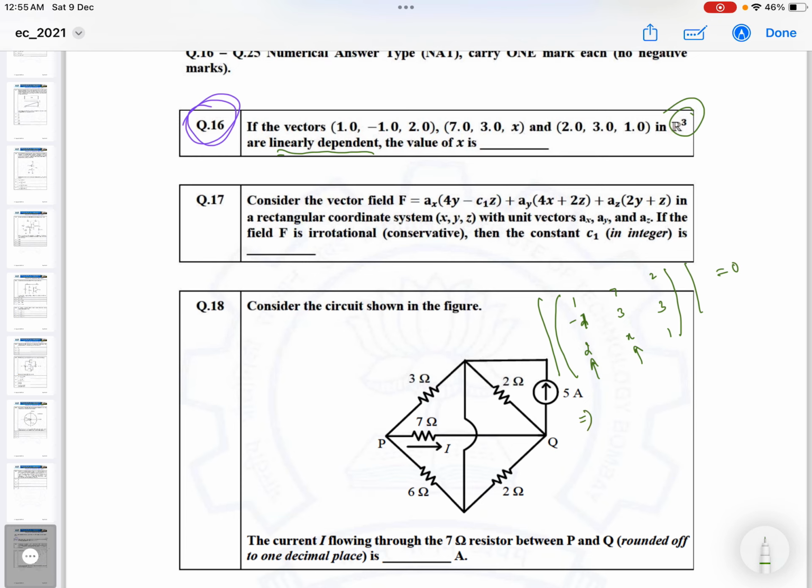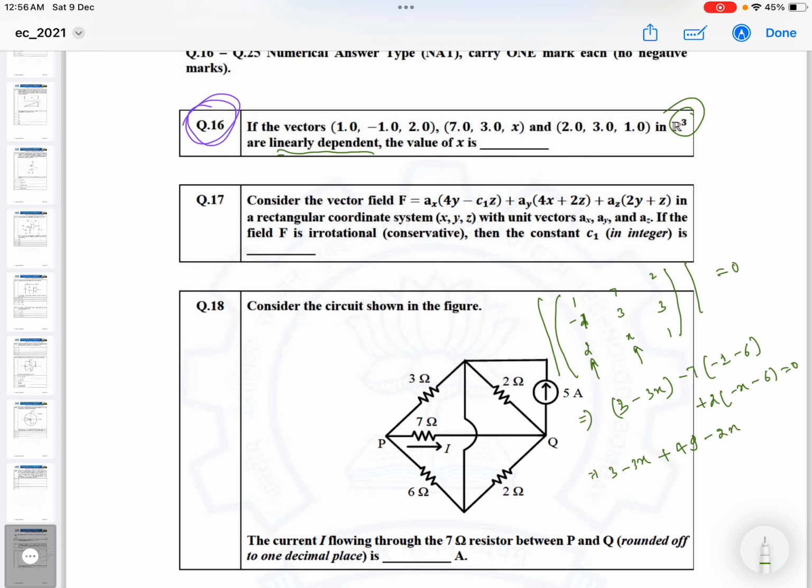So you can easily expand. Here we will have 3 minus 3x minus 7, right? And here we will have minus 1 and minus 6 plus 2 times minus x minus 6 is equal to 0. Now 3 minus 3x, and here we will have plus 49, right?